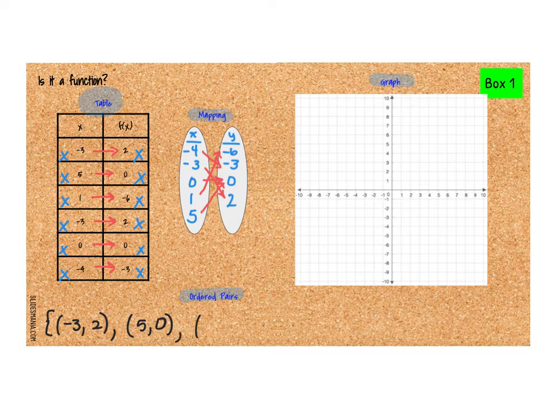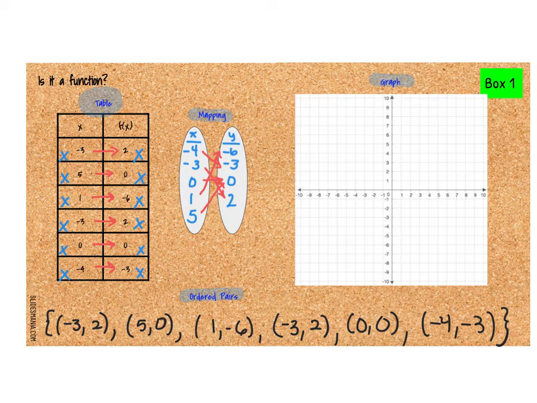Then I have 1, comma -6. Then I have -3, comma 2. Then I have 0, comma 0. And -4, comma -3. That's my ordered pairs. All I did is put the X and the Y next to each other inside parentheses.